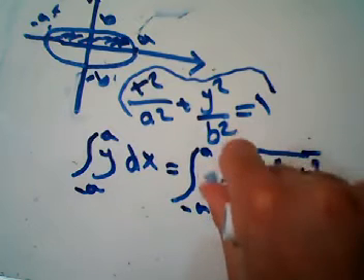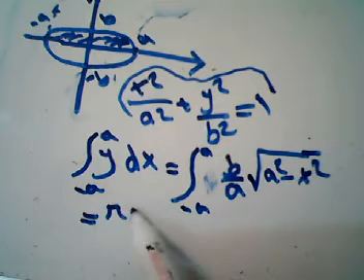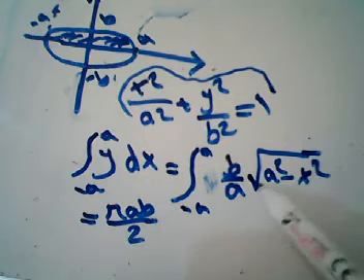So we calculate that later, and this would be equal to pi ab over 2. And how does this become equal to that? It is the methods of integration. I talk about that in later videos.